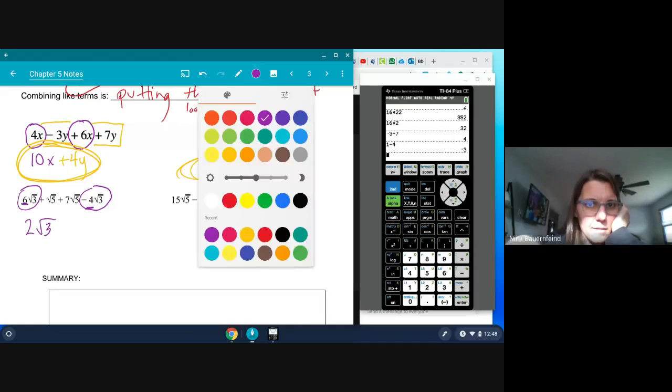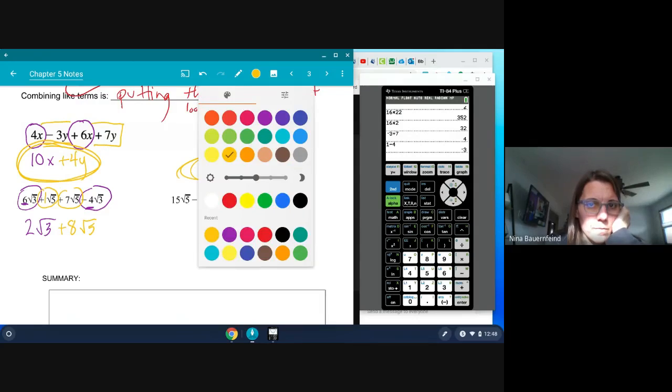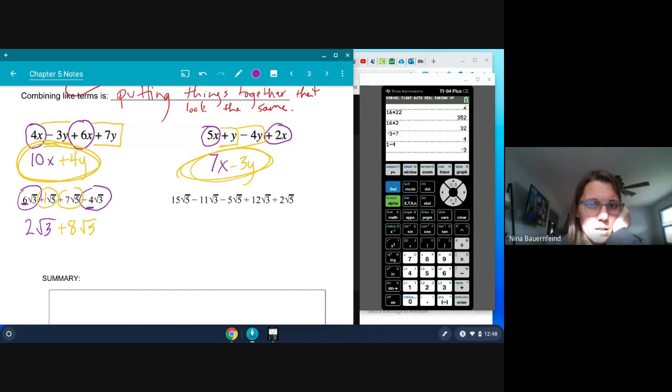And then this is like 1 plus 7 is 8. So we have 8 root 5s. So over here, we have a 15 root 5. Do we have another root 5?